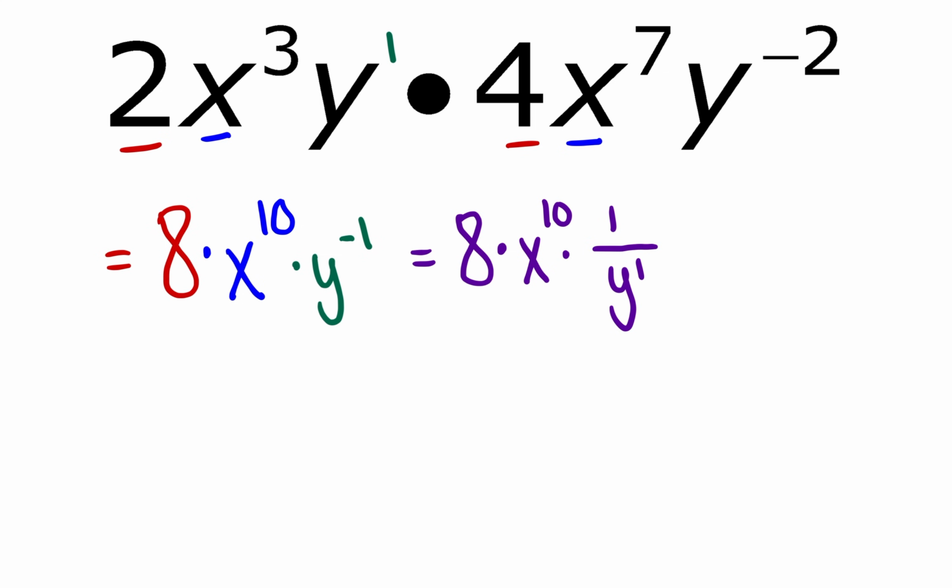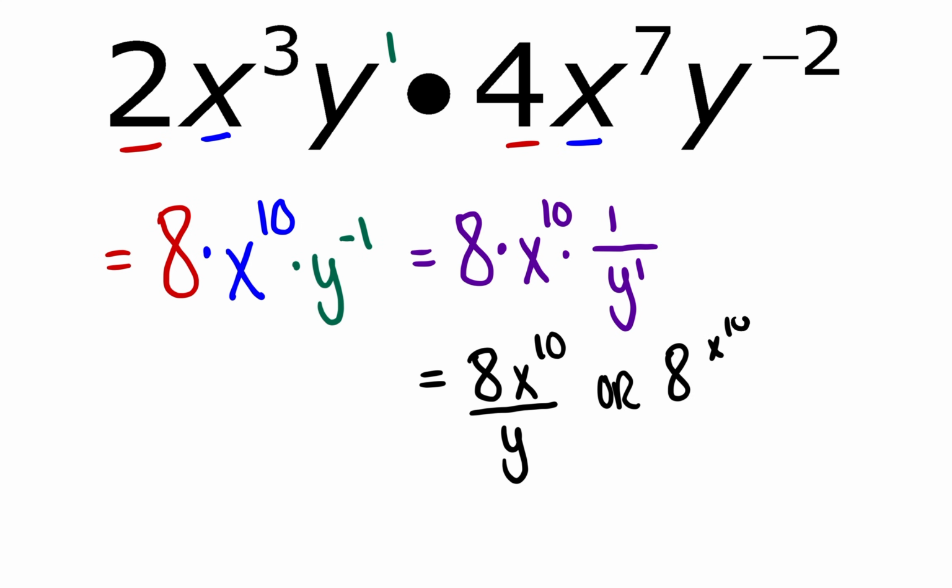So the final solution is 8x to the 10th in the numerator, all divided by y. Or you can also write it as 8 times x to the 10th divided by y. It's the same format. Let's go ahead and box this one in.